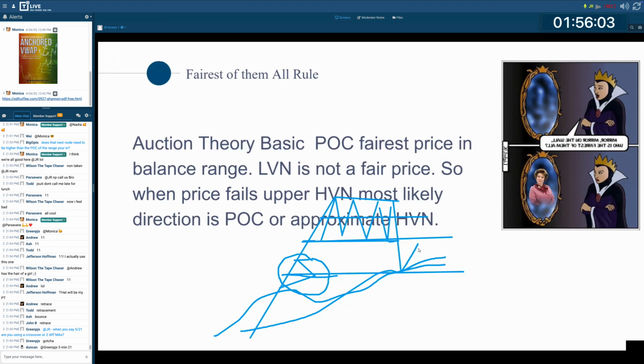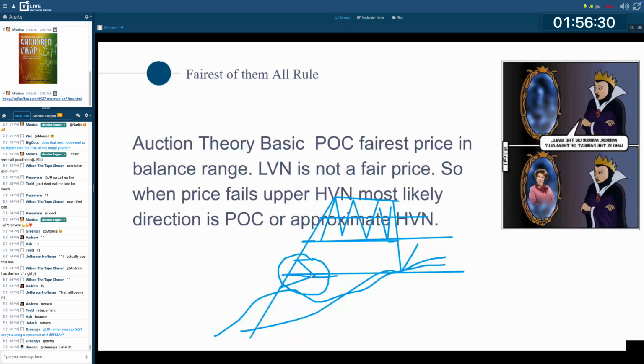Now, by the way, one thing you want to look at throughout the day, a little pro tip, one thing I'm constantly focusing on here is the volume gap, and I'm watching how it's getting filled.